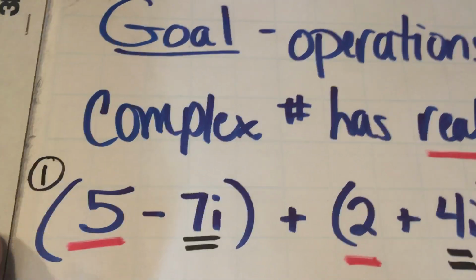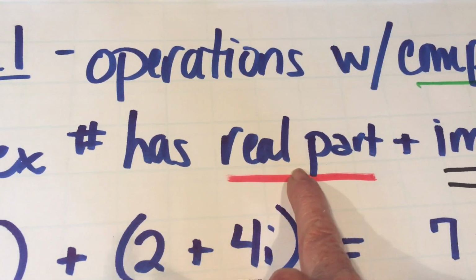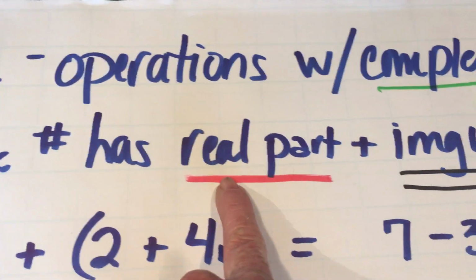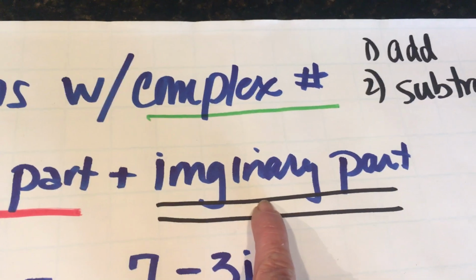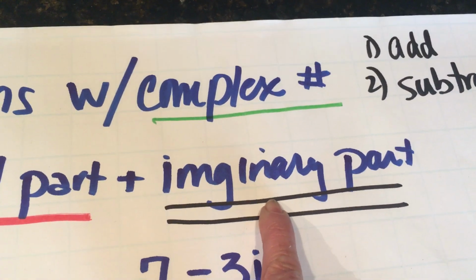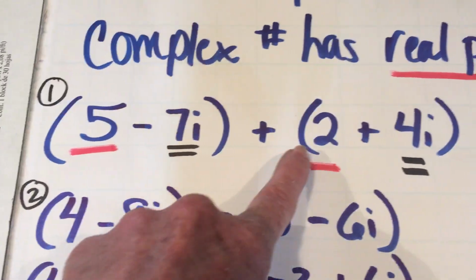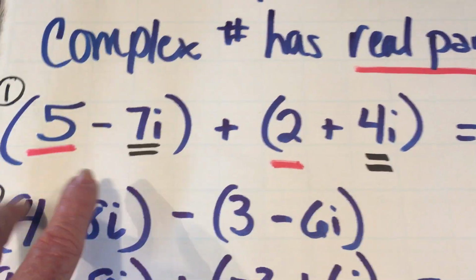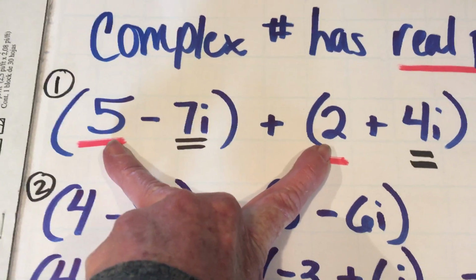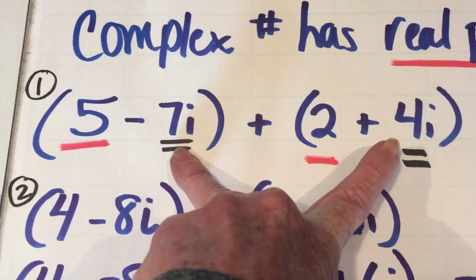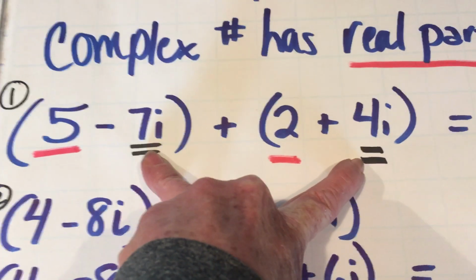A complex number has a real part, which is going to be underlined in red here in a second, and it has an imaginary part, which is going to be underlined in black. So if I have this problem, 5 minus 7i plus the quantity 2 plus 4i, the real parts are the 5 and the 2. Those are real numbers. The imaginary parts are the negative 7i and the 4i.